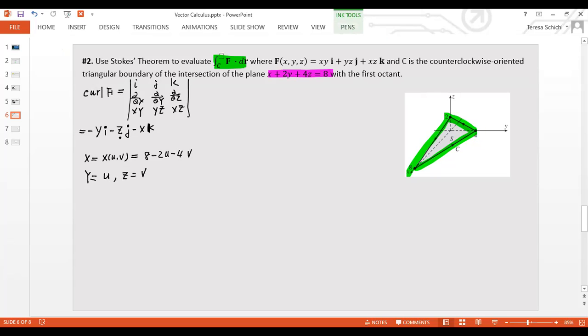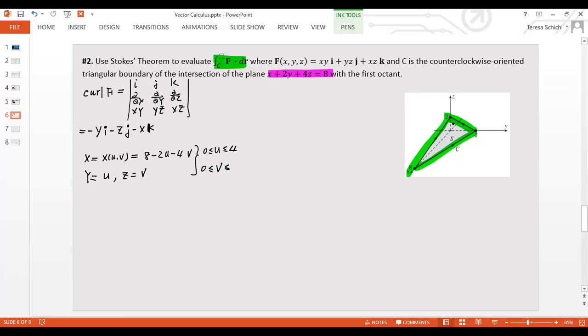Now u is y, so u goes from 0 to 4. Then v: let x equal 0, so v goes from 0 to where?